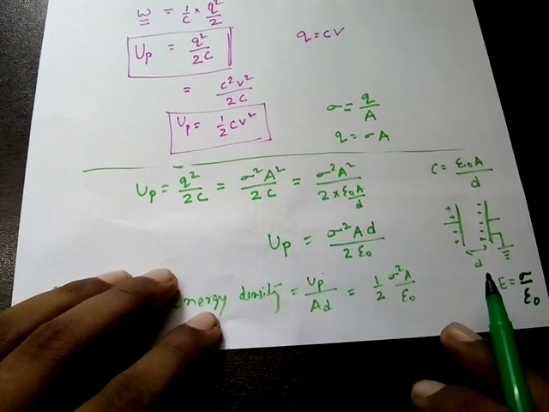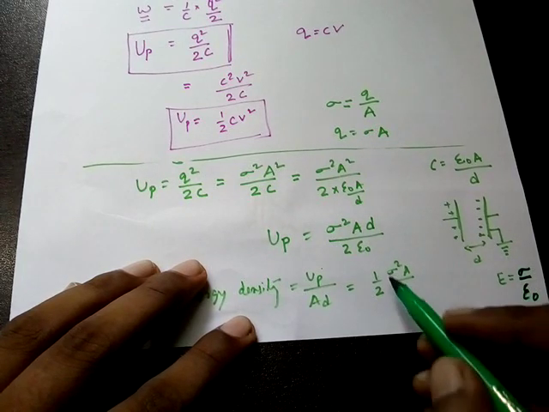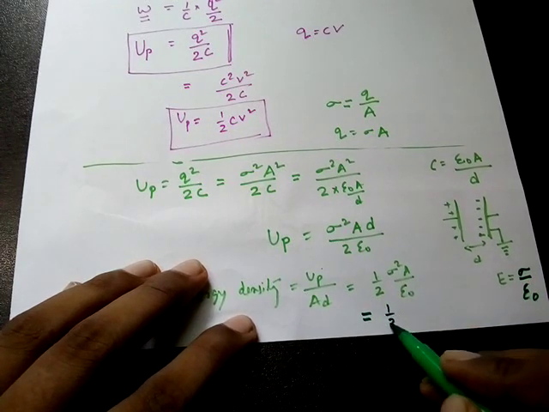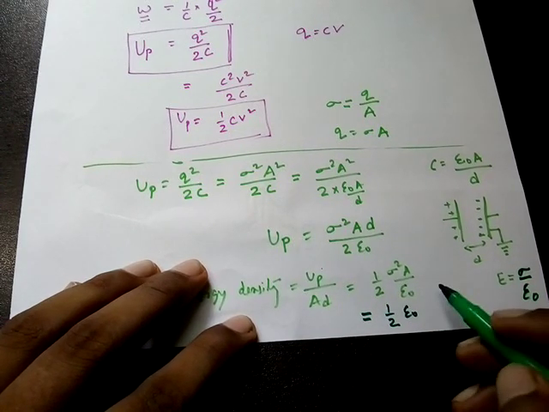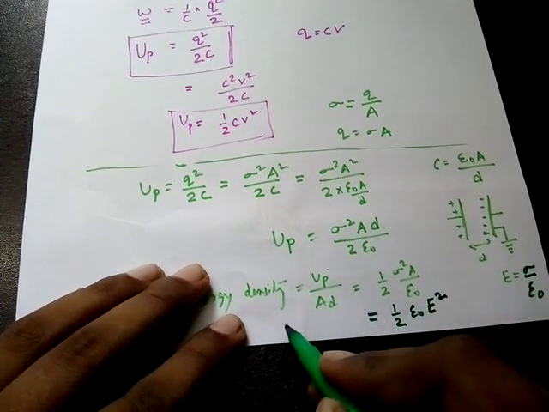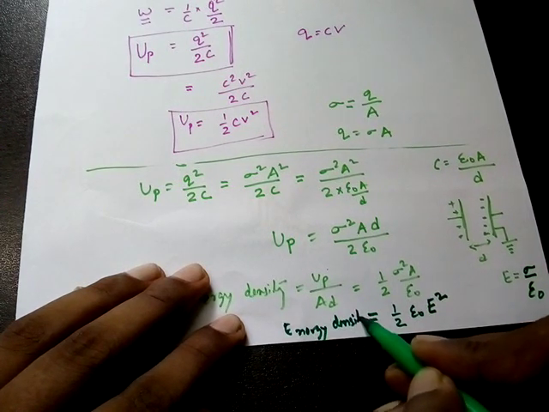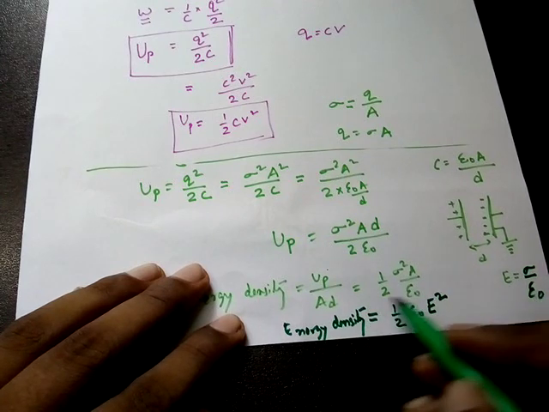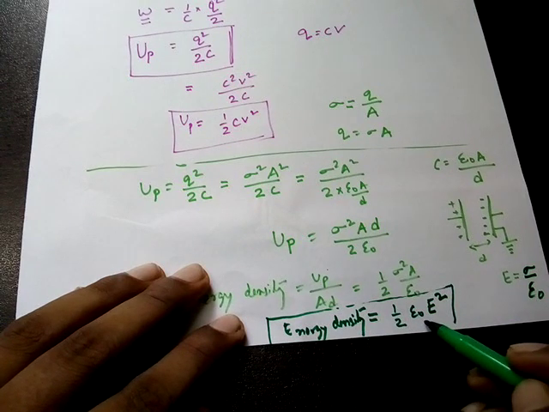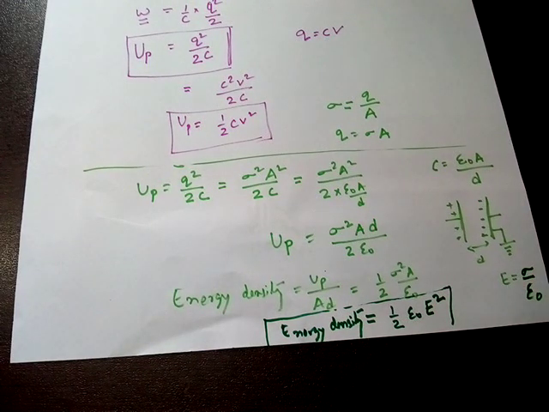So if I take the value of sigma from here and put it over here, I get 1 by 2 epsilon naught E square. So this is the energy density, that is the energy stored per unit volume, and this is equal to 1 by 2 epsilon naught E square. Thank you for watching this video.